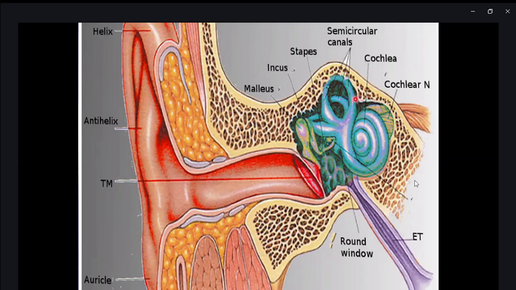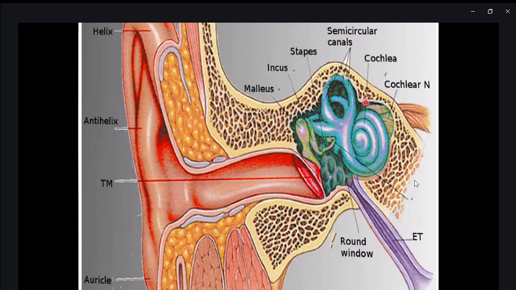And then we have these other parts that we refer to as semicircular canals. Three semicircular canals. And then the middle part here, the swellings, which we refer to as the utricle and the saccule, are part of the vestibular apparatus.